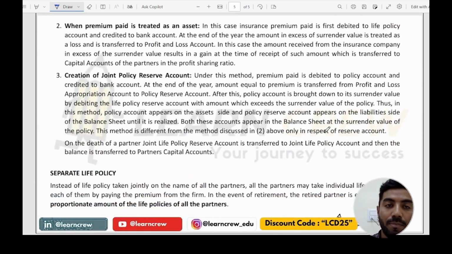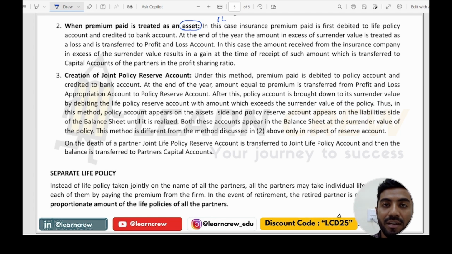In the second case, the premium is treated as an asset. Whatever amount you pay on a yearly basis is treated as an asset in the balance sheet. Say for example, you have paid 1 lakh for the first year. This is shown on the asset side.